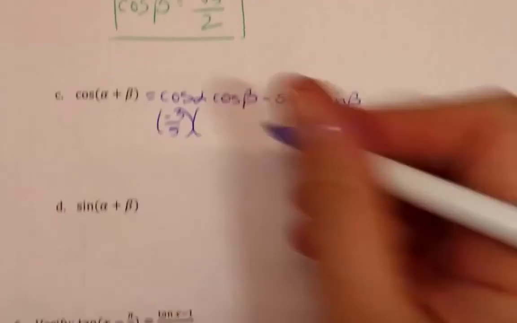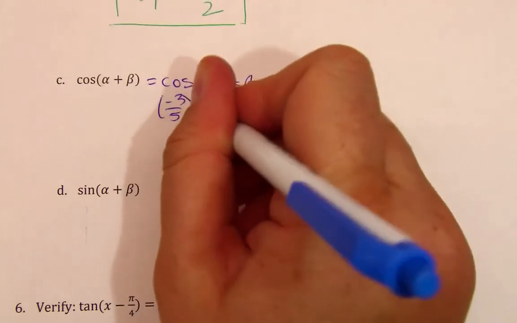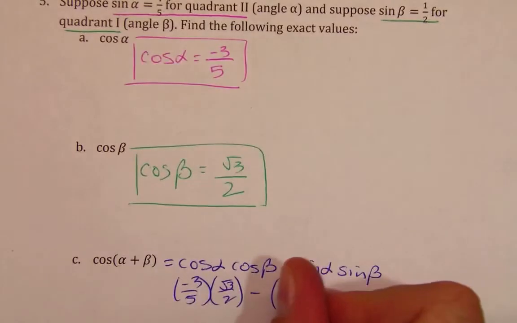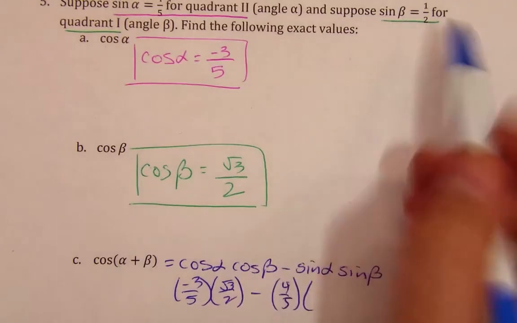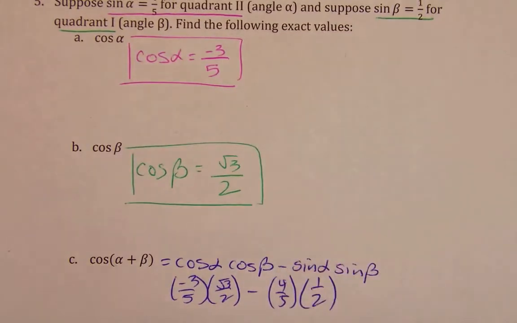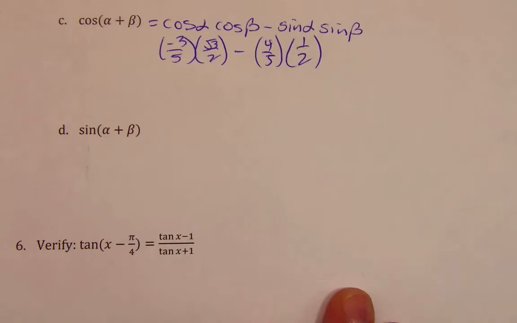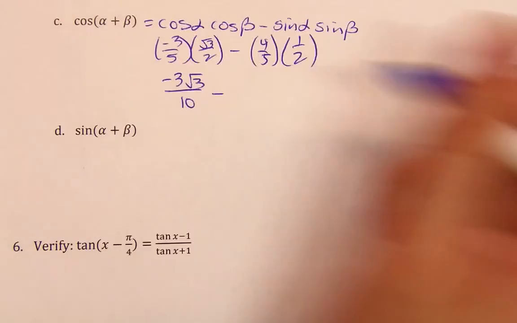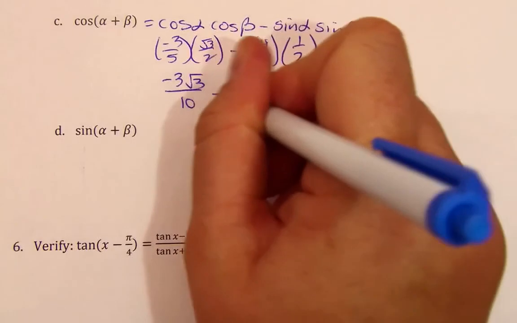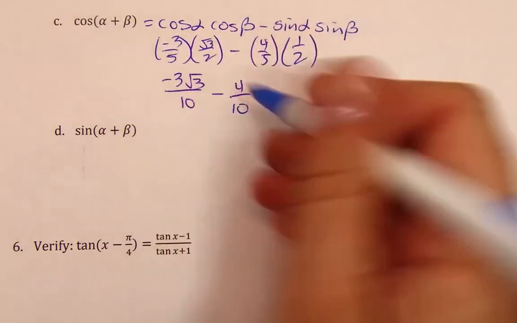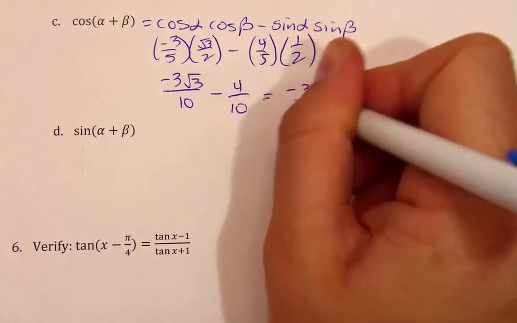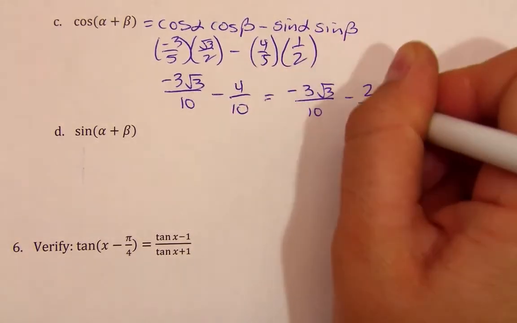Cosine of beta is root 3 over 2 minus sine of alpha, which is 4 over 5, and sine of beta, which is 1/2. So that's going to be -3 root 3 over 10 minus 4 over 10, and you could either write this as a single fraction, or you could write -3 root 3 over 10 minus 2 over 5.